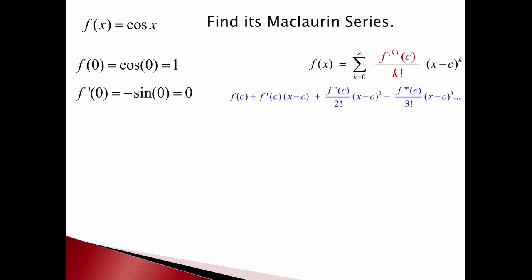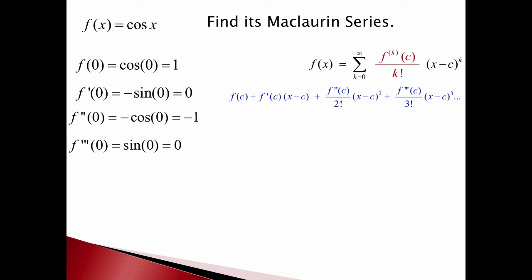Okay, cool. Second derivative. Derivative of negative sine would be negative cosine. So I plug 0 into that, and I get minus 1. Then I take the derivative of minus cosine. Well, two minus signs show up now, so I'm back to positive sine, which is still 0 when I plug in 0. So awesome. What about the fourth derivative?